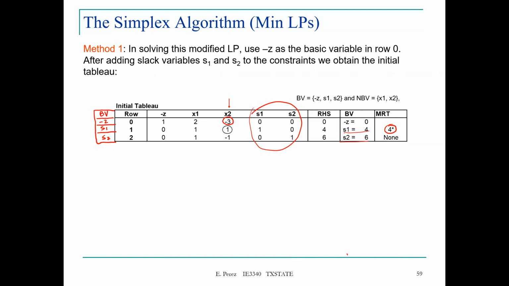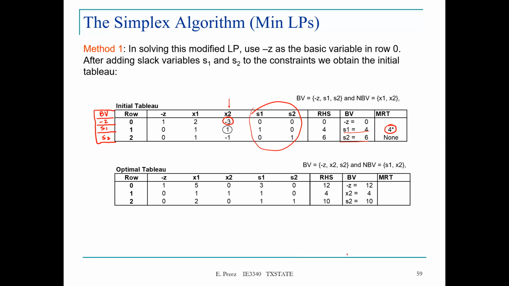So on the next iteration, we have the following basic variables. After performing the Gauss-Jordan elementary row operations, we have minus z, x2, and s2.